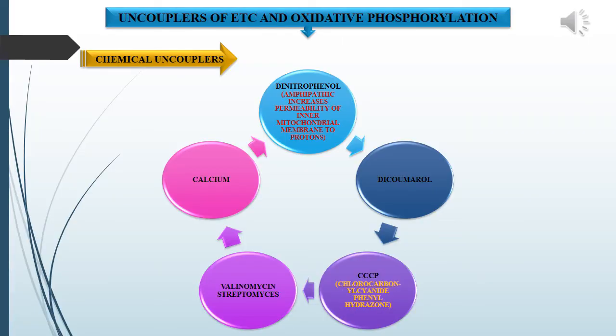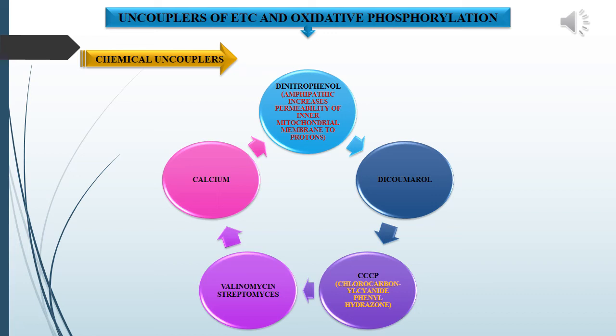Next, coming to chemical uncouplers. What are chemical uncouplers between ETC and oxidative phosphorylation? They are dinitrophenol, 2,4-DNP, 2,4-dinitrophenol, then dicumarol, then CCCP, which is carbonyl cyanide m-chlorophenyl hydrazone.